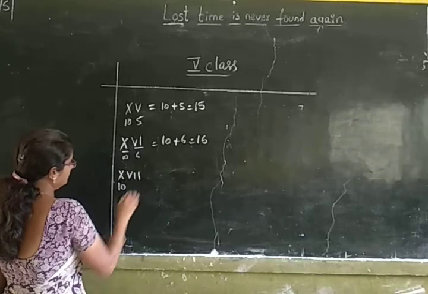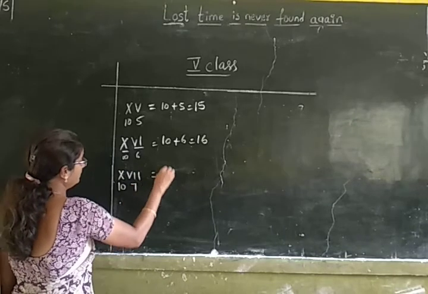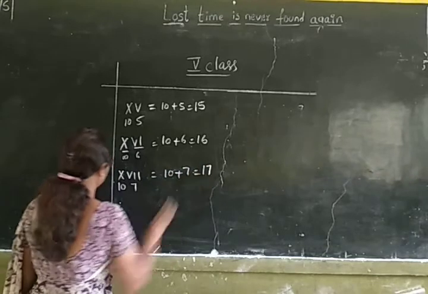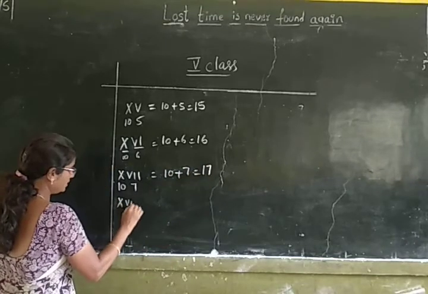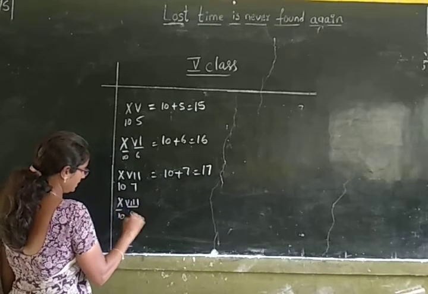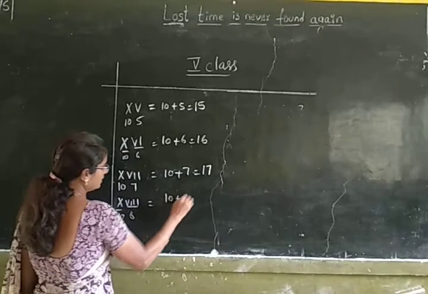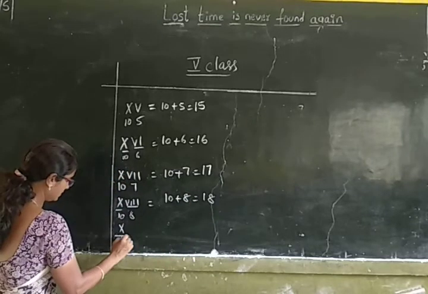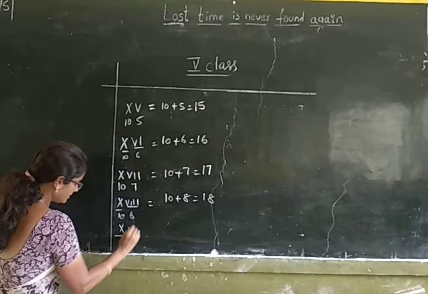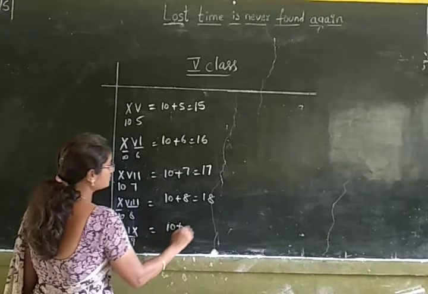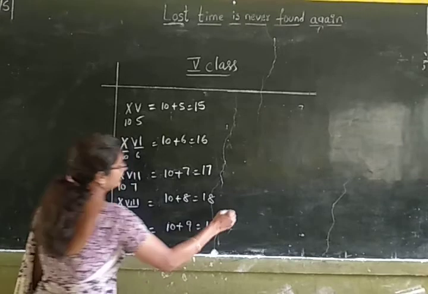X means 10, VII means 7, and 10 plus 7 is equal to 17. Similarly, XVIII. X means 10, VIII means 8, 10 plus 8 is equal to 18. Similarly, XIX. X means 10, IX means 9, which is 10 plus 9 is equal to 19.